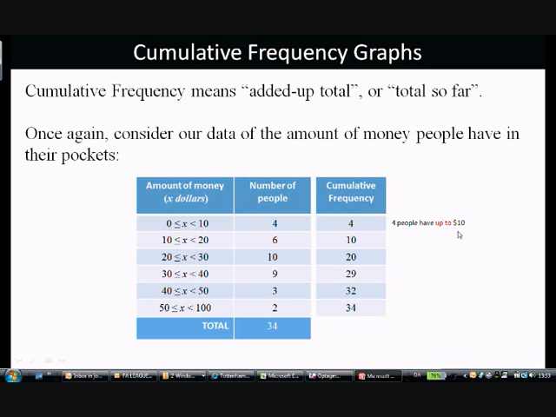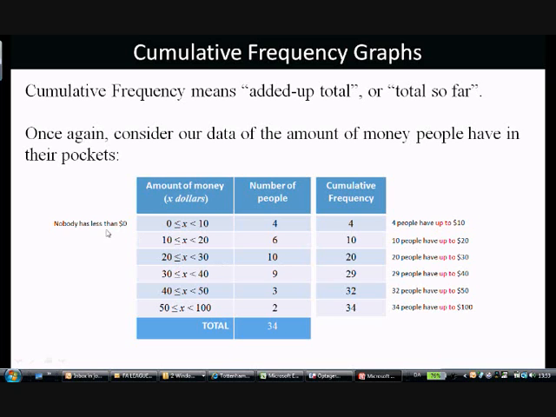So that tells us that 4 people have up to $10, 10 people have up to $20, so that could be anything from 0 to 20. 20 people have up to $30, 29 people have up to $40, 32 people have somewhere up to $50, and then all 34 people have something from 0 up to $100.